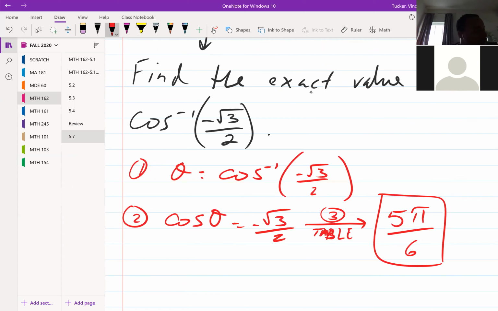And keep in mind that these steps that we're using only work for when we have these exact values that I was talking about before in the unit circle. So we'll talk about other situations and scenarios before we leave this section.